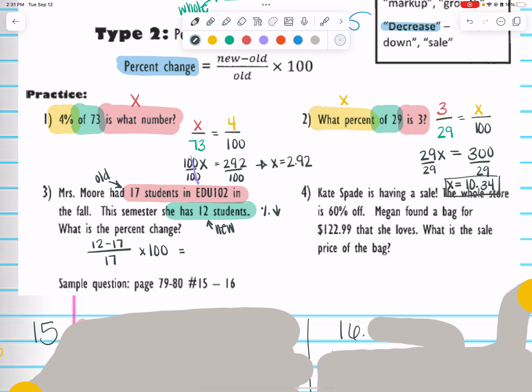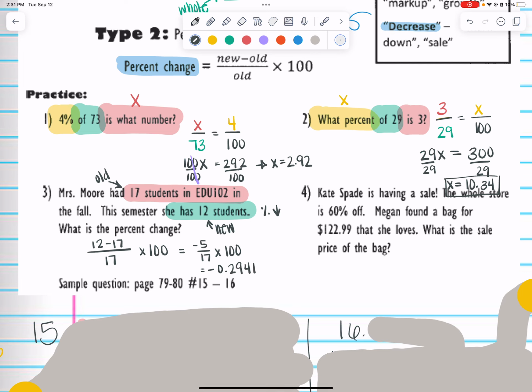So I need to do that fraction first. So 12 minus 17 is going to give me negative 5. Negative 5 over 17 times 100. So negative 5 over 17 is going to be a decimal, negative 0.2941.